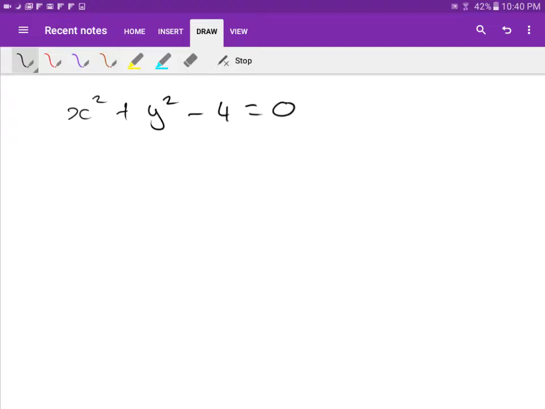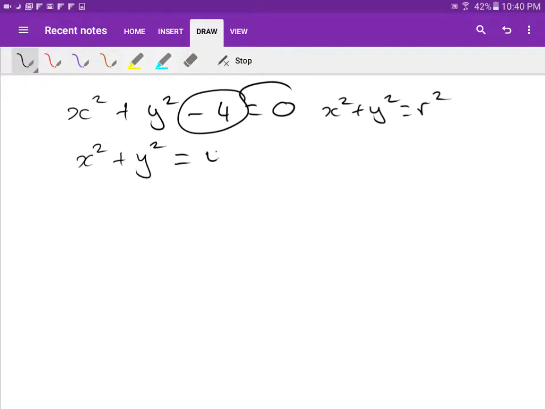What does it look like? You remember the general rule is x squared plus y squared equals r squared, correct? So we just rearrange this so it looks the same: x squared plus y squared equals 4.